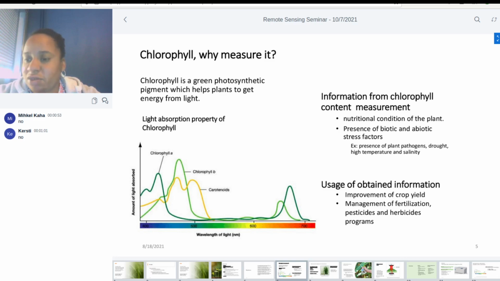This information can be used to improve crop yield and as input for the management of fertilization programs, and also for programs of application of pesticides and herbicides.